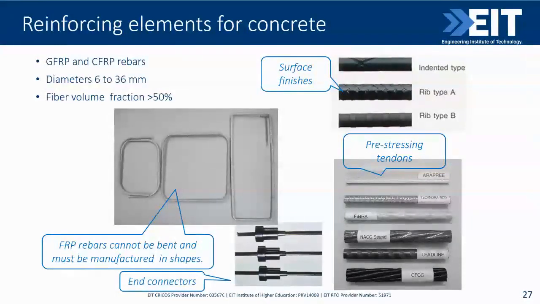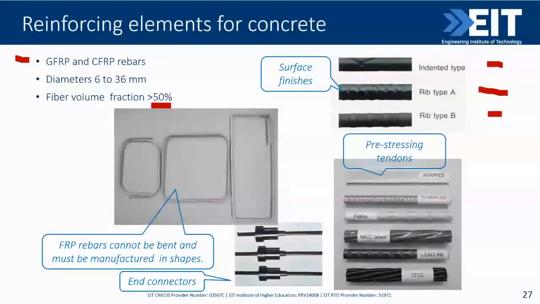It's similar to steel reinforced concrete. The materials used are CFRP and GFRP, with diameters ranging from 6 to 36 millimeters, and that's already in the production line. The fiber volume should be higher than 50% in these rebars.